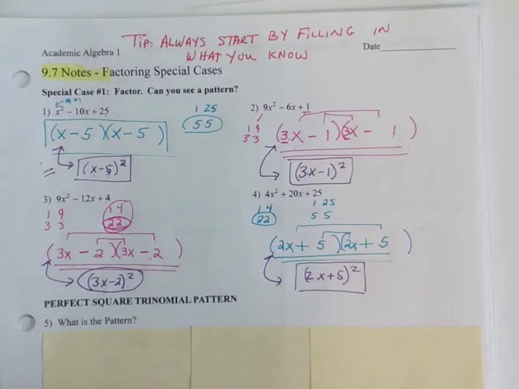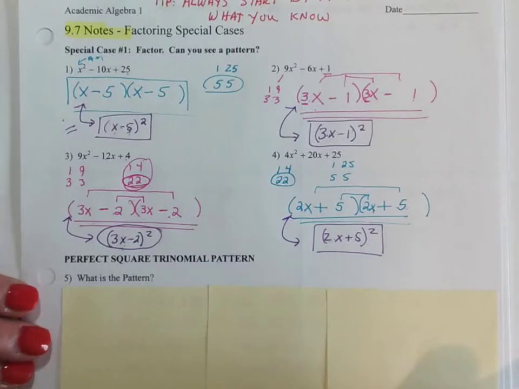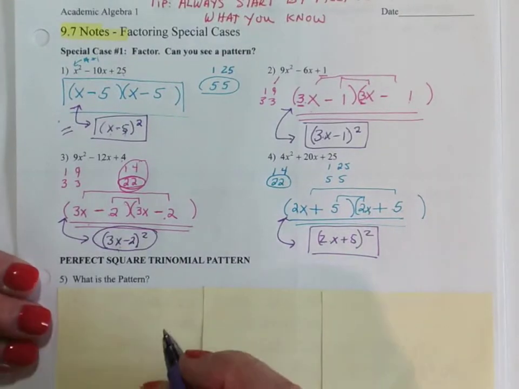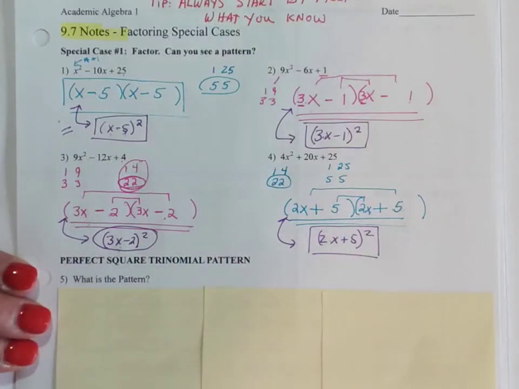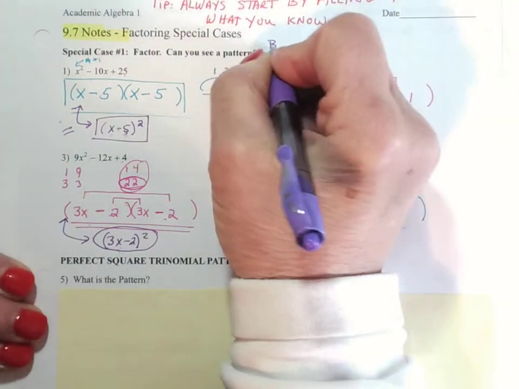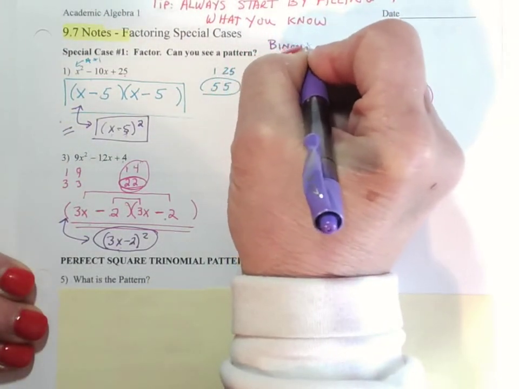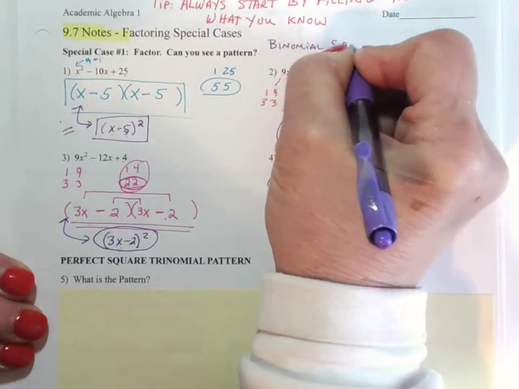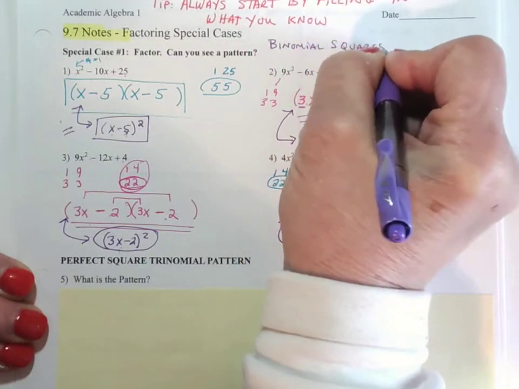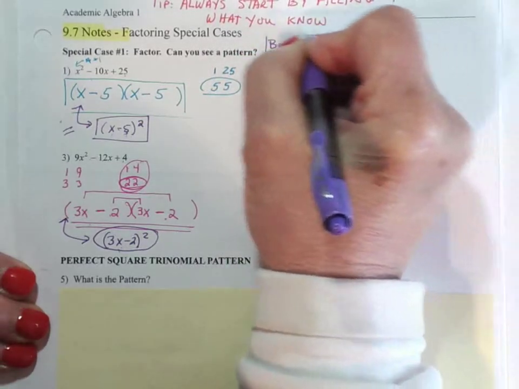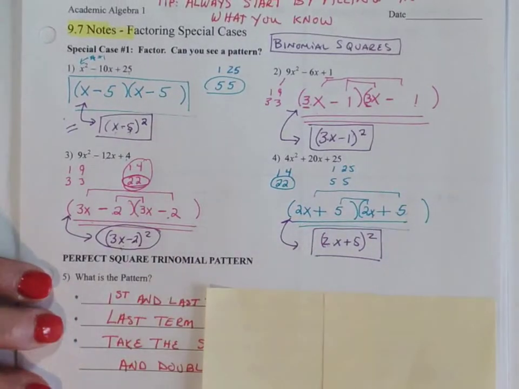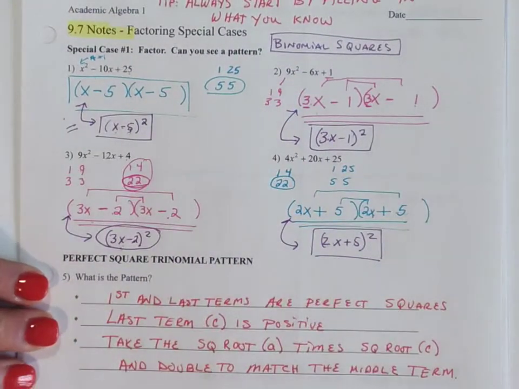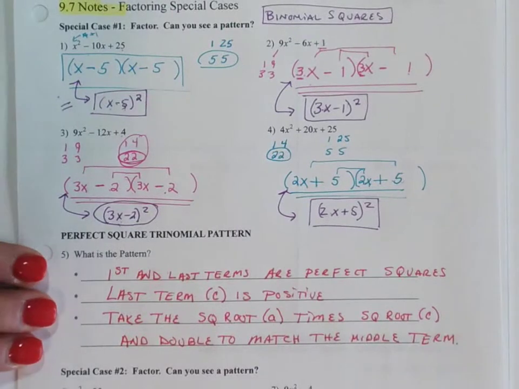All right. So this is factoring, okay? This is perfect square trinomials, okay? Sometimes we call them binomial squares. So the pattern is right here.